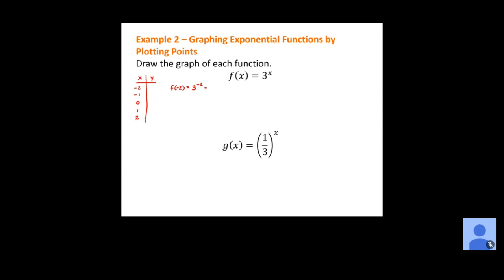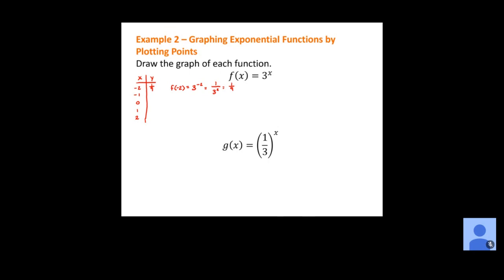Okay, good. Move that to the denominator to make it a positive exponent. So this becomes 1 over 3 squared. So what is 1 over 3 squared going to become? Just 1 over 9. Good. So we have 1/9. That's going to be our value now at -2.